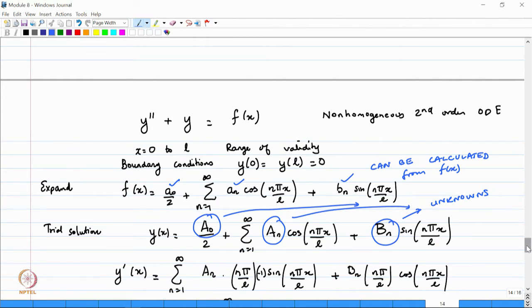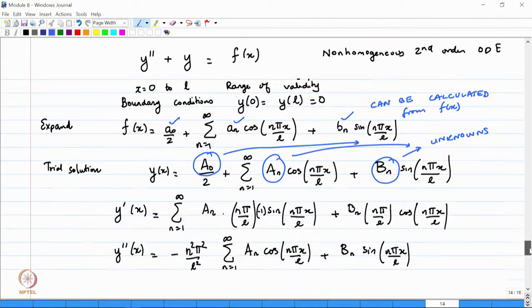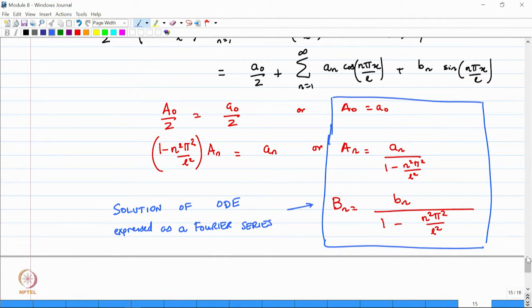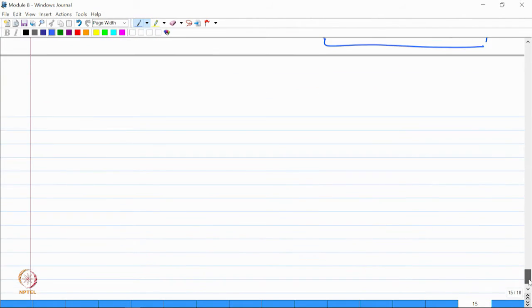So these are all knowns, and basically by doing this you have solved the equation. Of course, it is written as an infinite series, and that may or may not be convenient depending on what the values of a 0, a n and b n are, but nevertheless you have a solution of the differential equation.